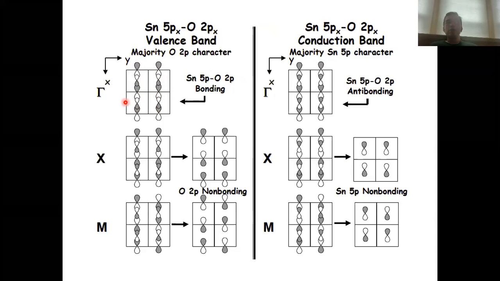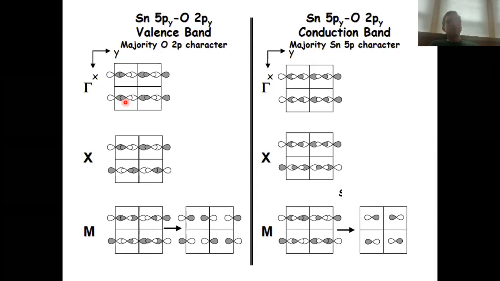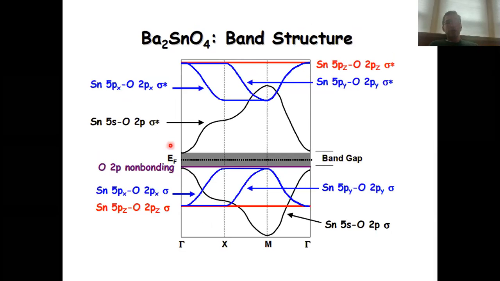They remain non-bonding because there is no orbital overlap with the tin orbitals possible, and we can draw them as such, as a flat band into the band diagram.